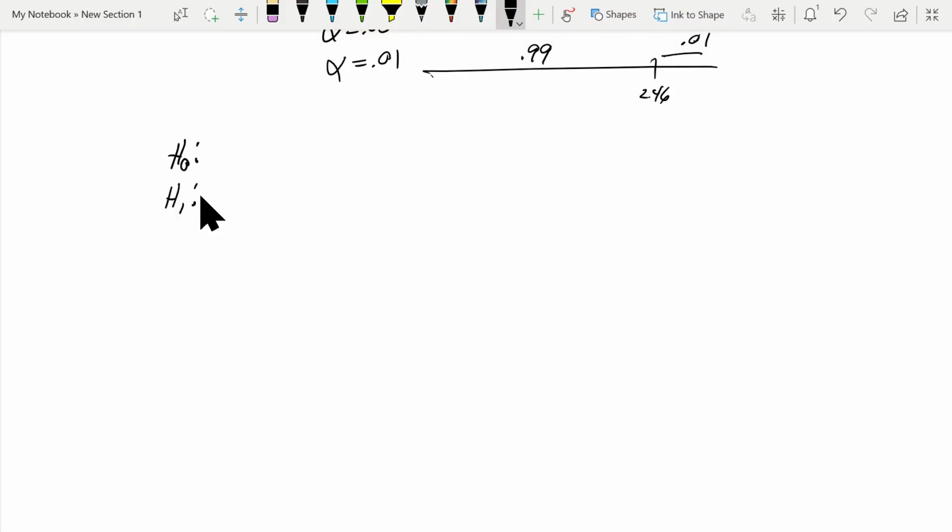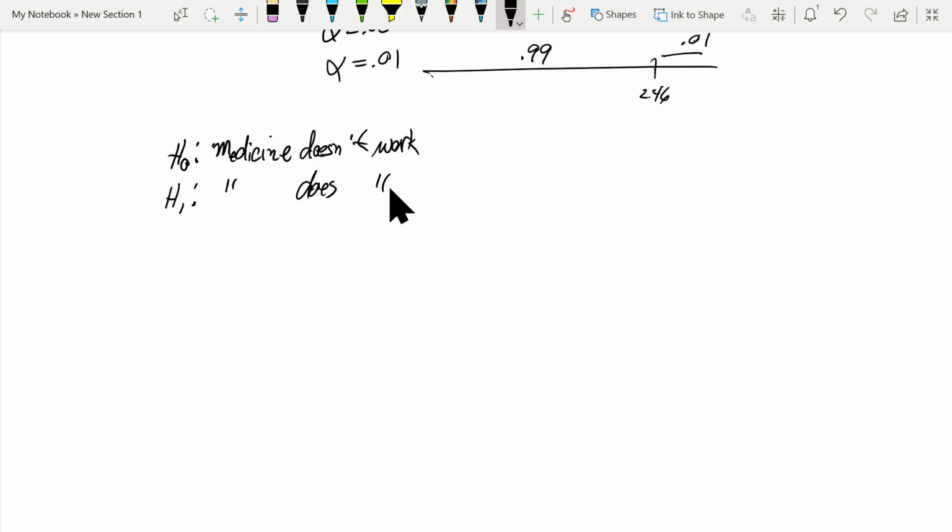If this were a medical experiment, the null hypothesis would be that the medicine doesn't work. The alternate would be that the medicine does work.